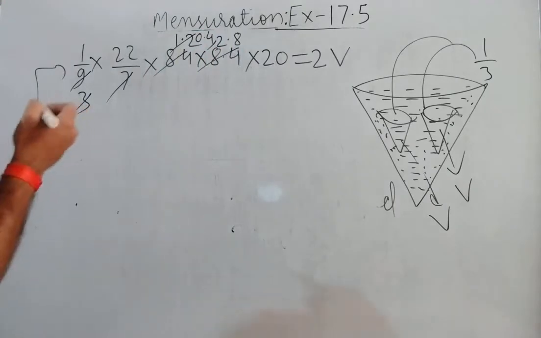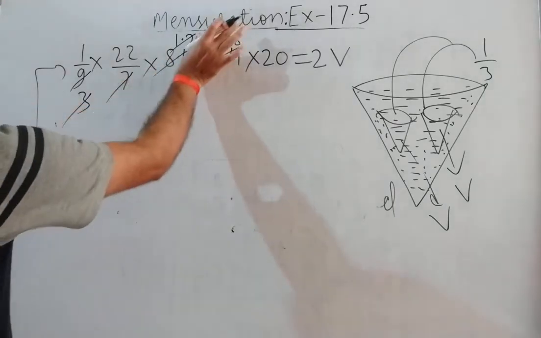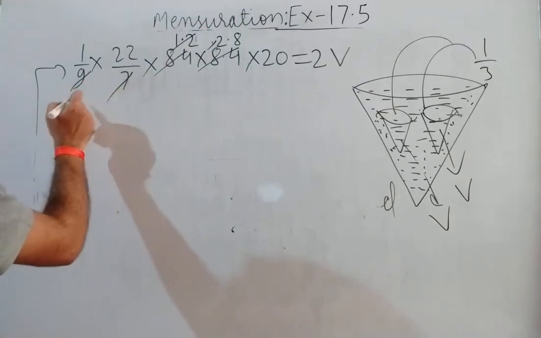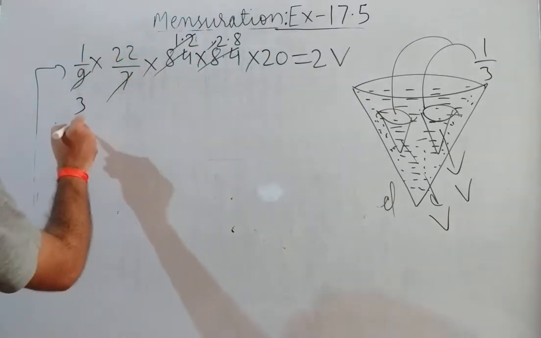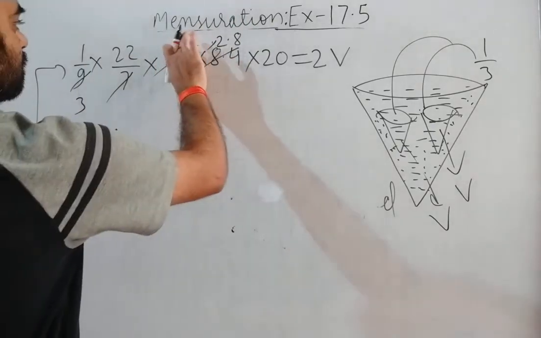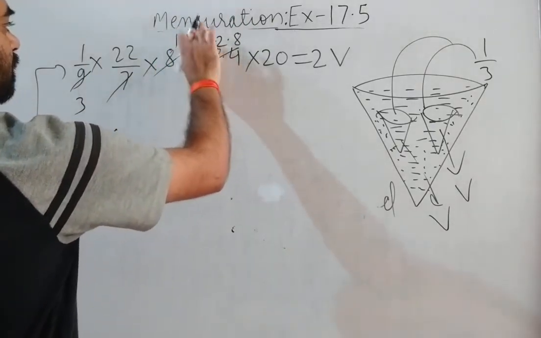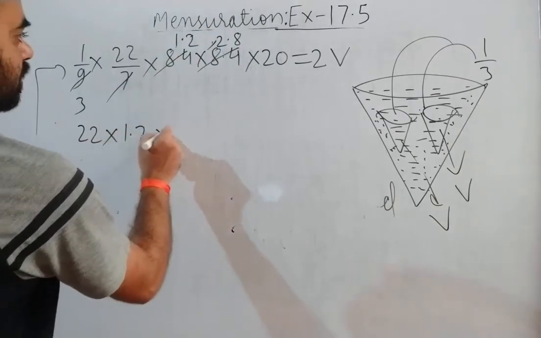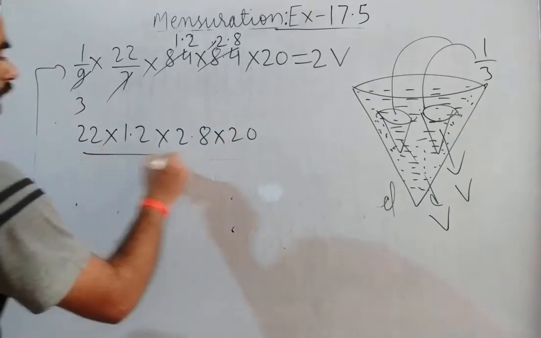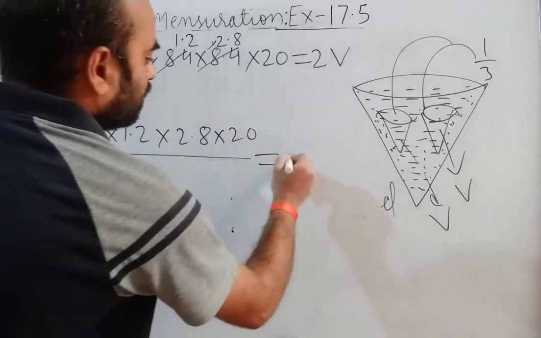So what is left? Or you can cancel it later on. What is left? Here in the numerator, 22 into 1.2 into 2.8 into 20 upon 3 is equal to 2V.